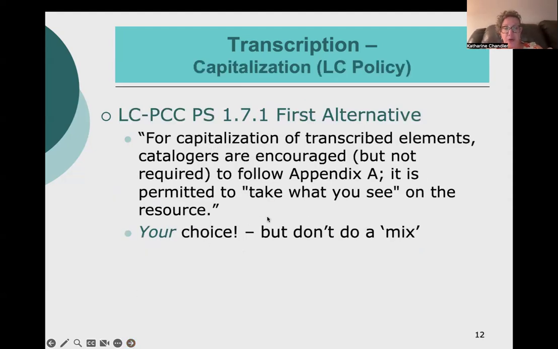LC-PCC PS 1.7.1, first alternative: for capitalization of transcribed elements, catalogers are encouraged but not required to follow Appendix A. It is permitted to take what you see on the resource, your choice, but don't do a mix.